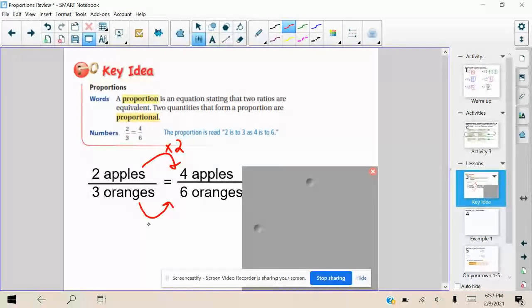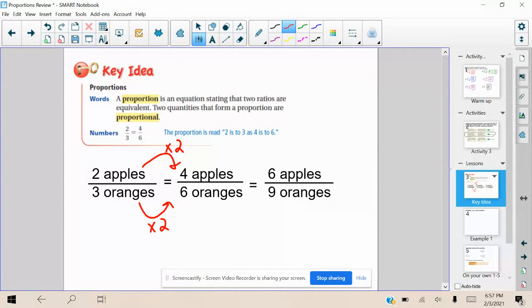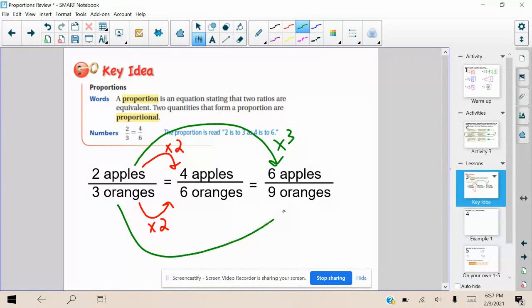We multiplied by 2. So the overall value is still the same. Well, that's also the same as 6 apples to 9 oranges. To get from 2 to 6, we multiplied by 3. From 3 to 9, we multiplied by 3. So the overall value is going to be the same. The relationship is still going to be the same.